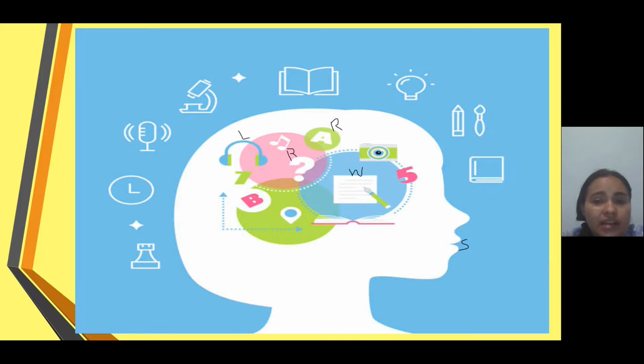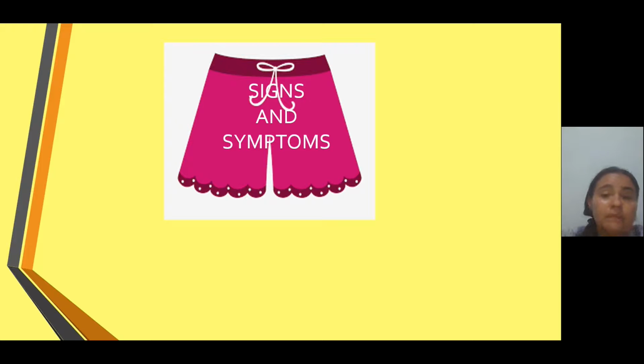If they have the proper age and they don't have the abilities or the skills that they need to have in these aspects, there is a problem, and we need to observe it and take it into account in order to help them as fast as we can.